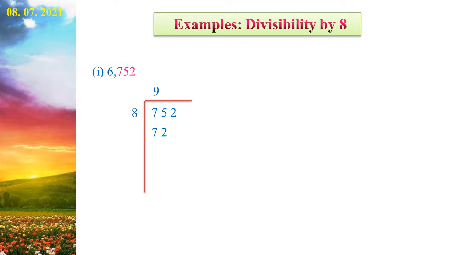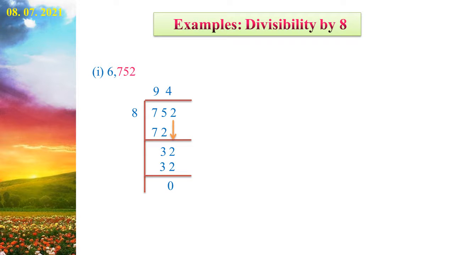9 8s are 72. Now subtract 72 from 75. We get 3 as remainder. Then bring down the next digit. Now we have 32. 32 divided by 8. We will get 4 as the quotient. 4 8s are 32.